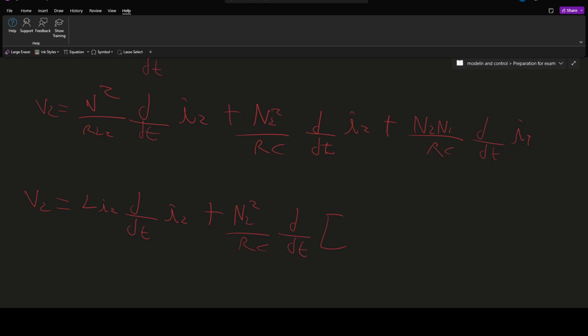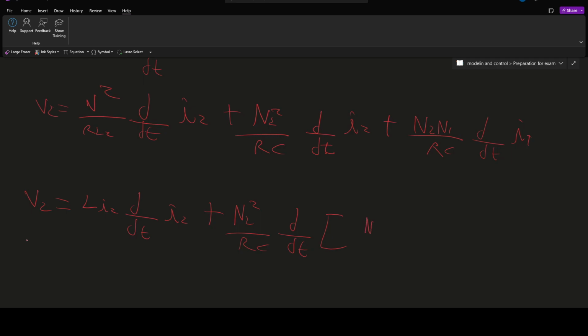So to be able to factorize n2, I need to multiply n2 up here and n2 here to factorize this into a square. The RC is here, so we can just take it here.